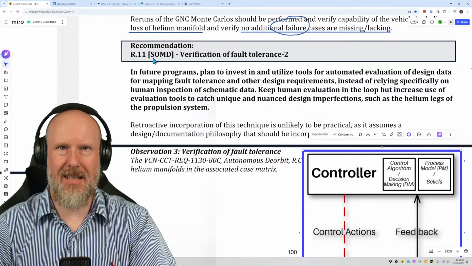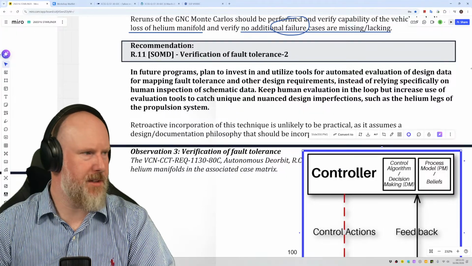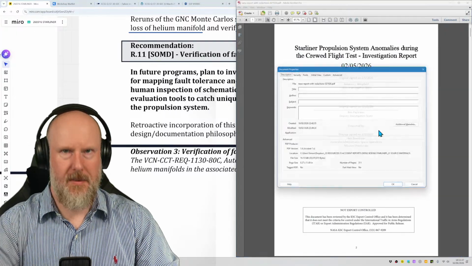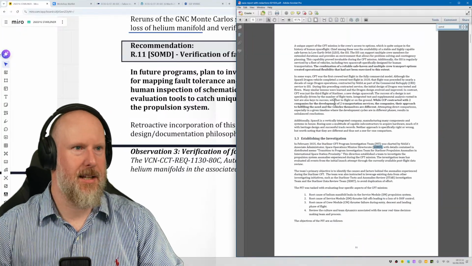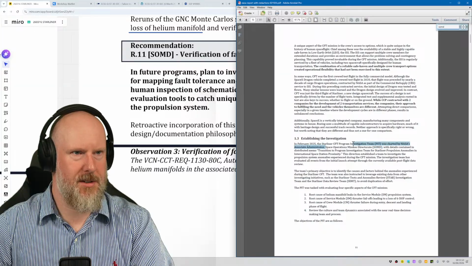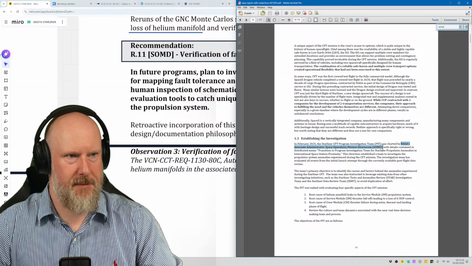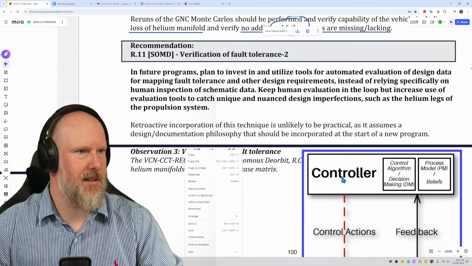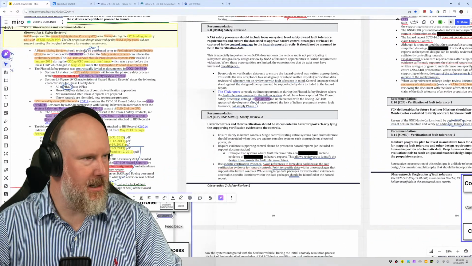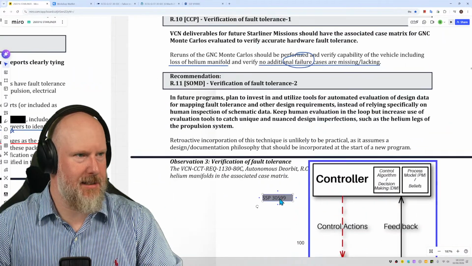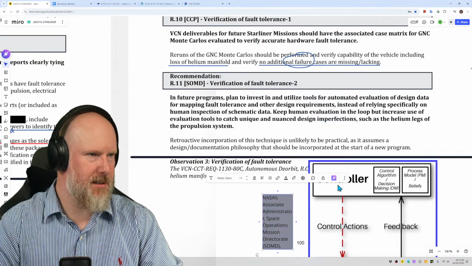Okay, recommendation 11. SOMD, verification of fault tolerance. What is it? SOMD, what's that? Space Operations Mission Directorate. There we go. So let's paste that in there so we don't forget. So that is an entity of some description.